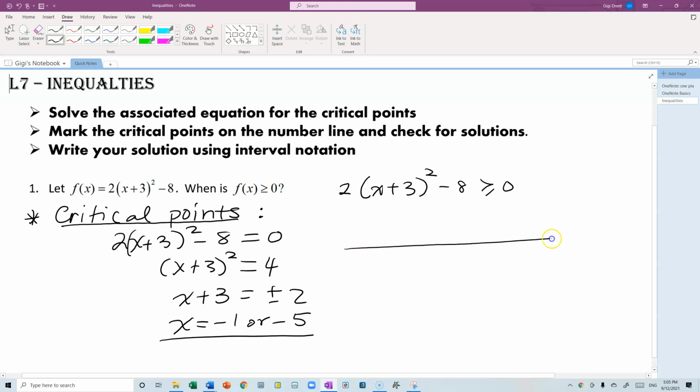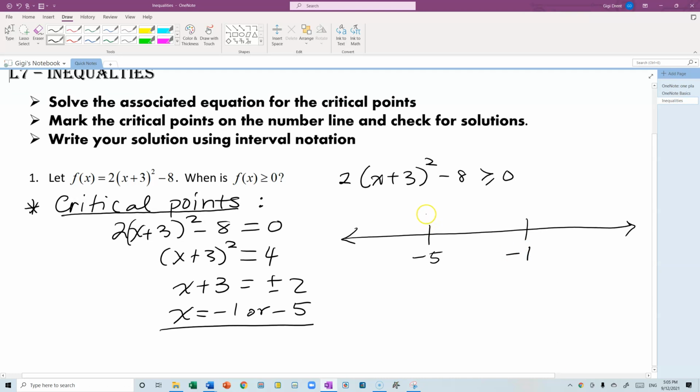Those are when the left-hand side is equal to the right-hand side, right? So here is negative 5. Here is negative 1. Okay, and then you will say, well, these are when they are equal to each other, and the question is asking, when is it greater than or equal to?